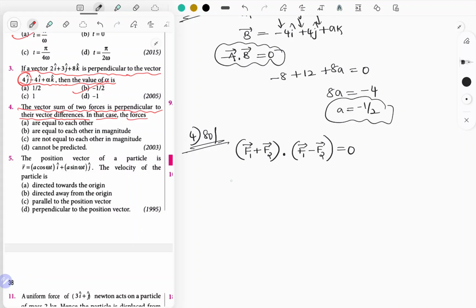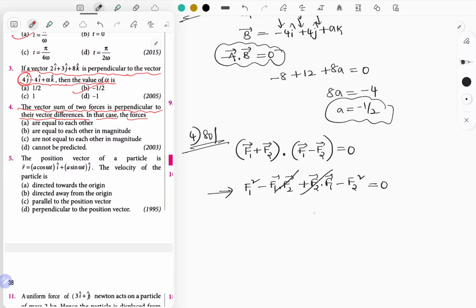Let me multiply both of them. If you multiply both of them, you are going to get the dot product: F1 square, then minus F1 dot F2, remember it is a dot, next plus F2 dot F1, minus F2 square, which is equal to 0, right?